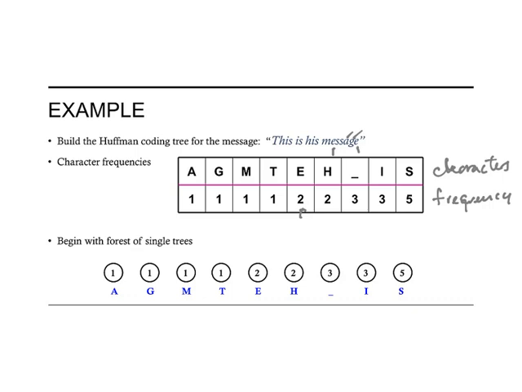So with this information, we can create our forest. This forest contains, as we said before, as many trees as characters or symbols we have in the message. So we have one node for each character, and inside we are storing the frequencies.